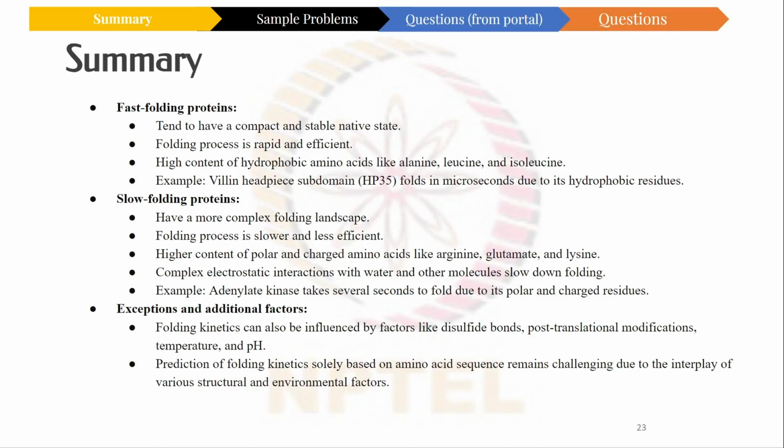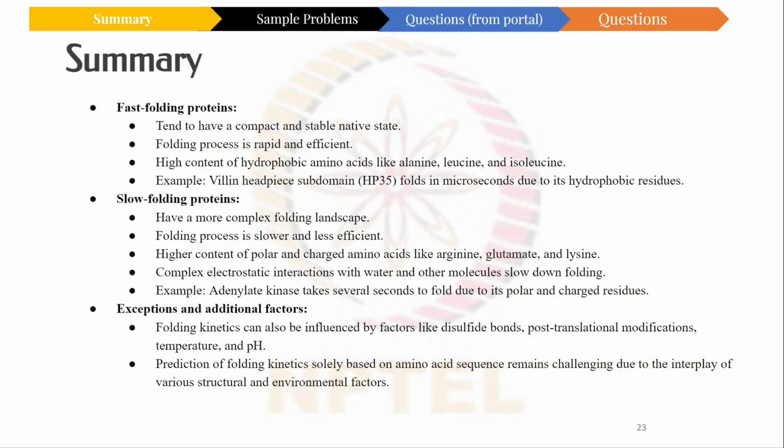One example of a fast folding protein is the Villin headpiece subdomain HP35, which folds into its native state in just a few microseconds. When we compare it with other versions of this Villin headpiece subdomain, HP35 contains a higher proportion of hydrophobic amino acids, which helps to stabilize it and also fold rapidly.